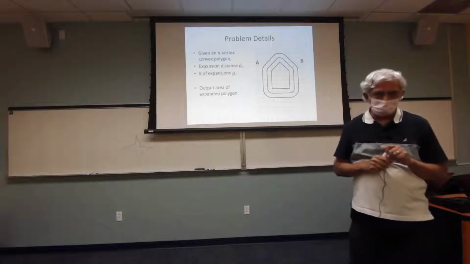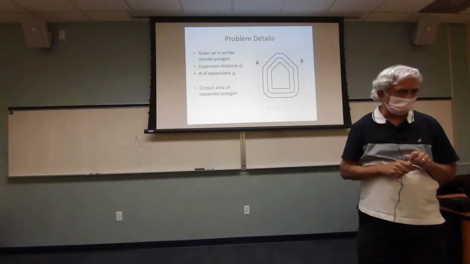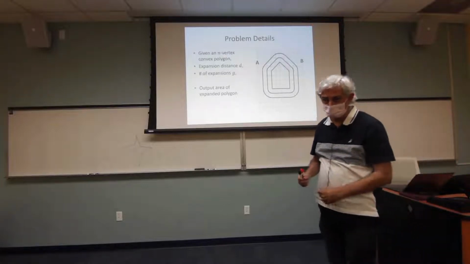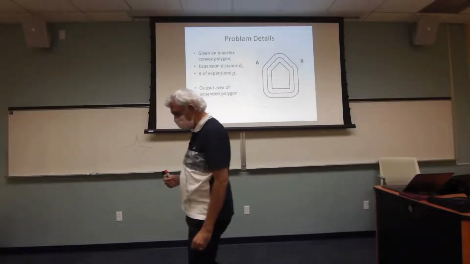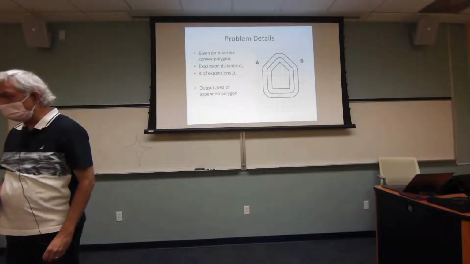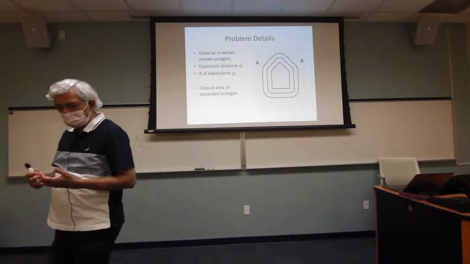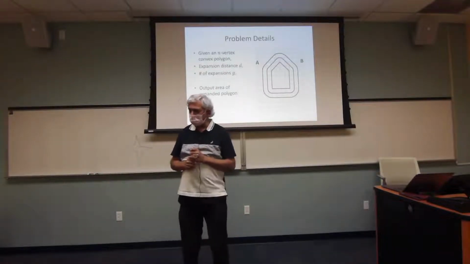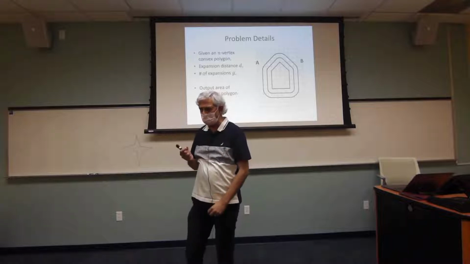So how should we think about the expansion process? Ratio? Like everything expands in the same ratio? Yeah. But if I want to apply ratio, you're saying I should just multiply the area by some constant factor.